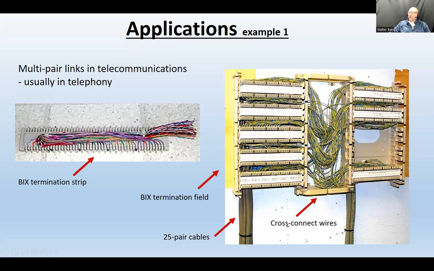So let's say this one here is terminated here, this one here is terminated here, and so on. Now, these cables are going from some further part of the building, or maybe from multiple parts of the building, and they're coming to one common point. And there's another BIX termination field right beside that, and there are more cables going to some different part of the building or wherever they go.